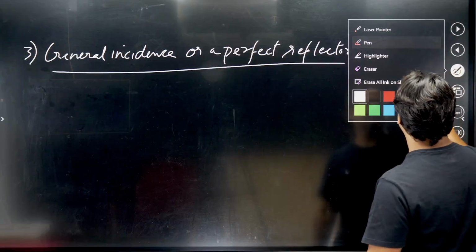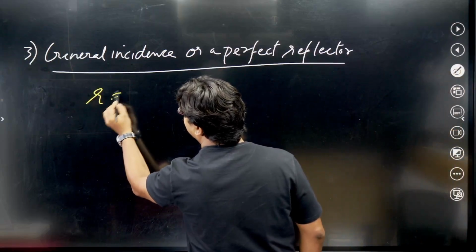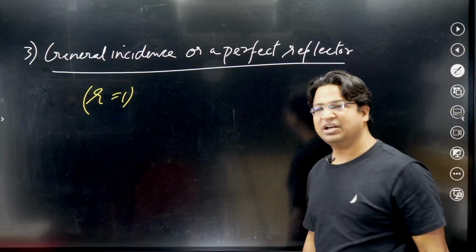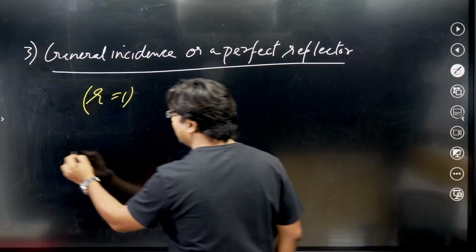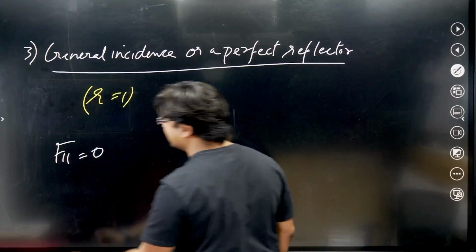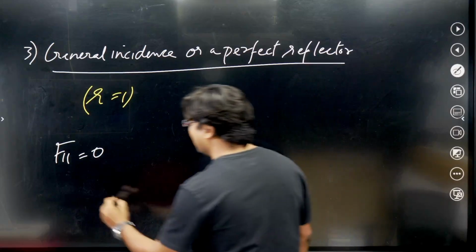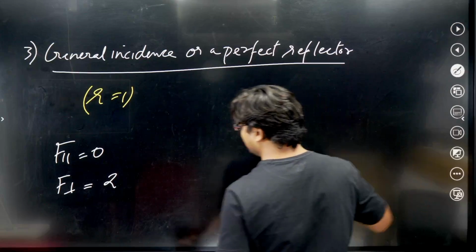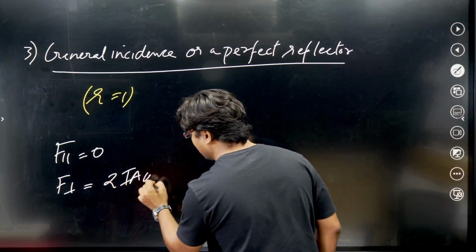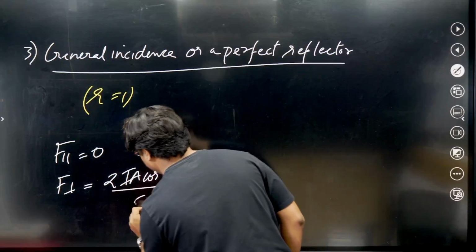R will be 1. Other things are general, R will be 1. In this case, if you again check the formula, F parallel is still 0, and F perpendicular will become 2IA cos square theta by C.